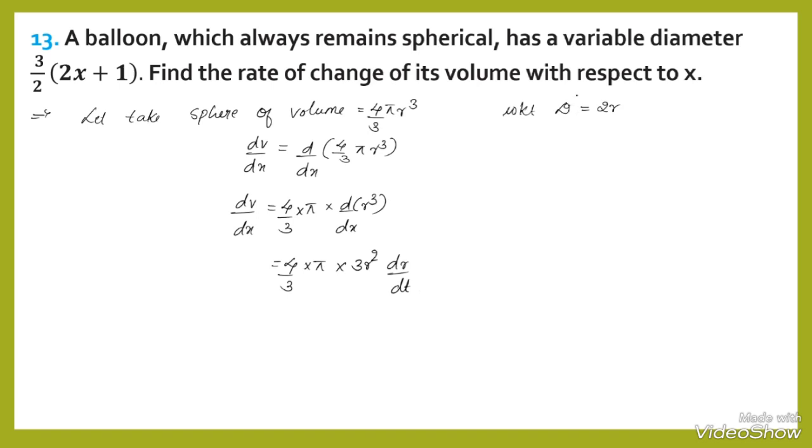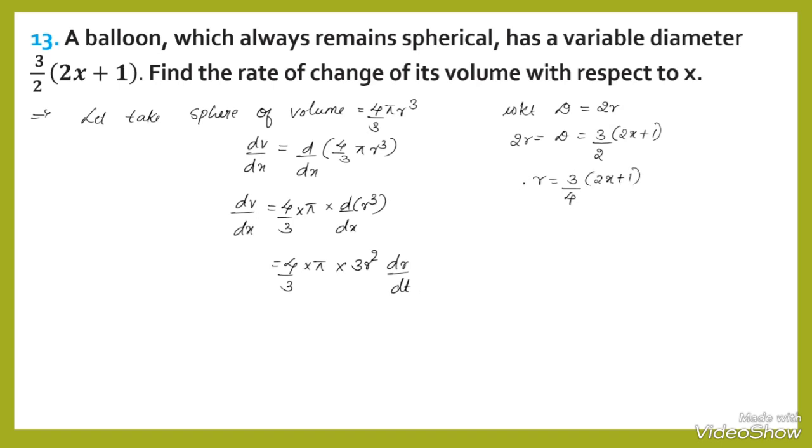So the diameter is 3 by 2, 2x plus 1, which can be expressed as 2r. So the radius, taking 2 to the other side, becomes 3 by 4, 2x plus 1.